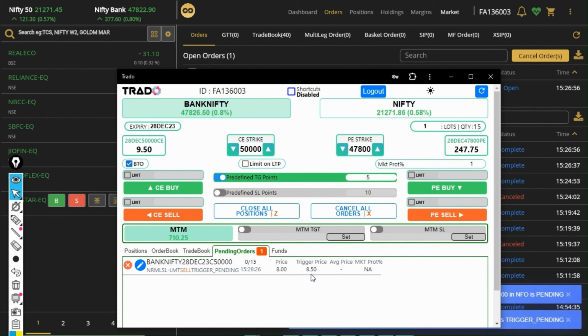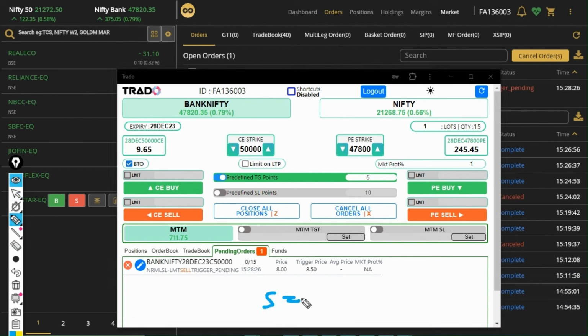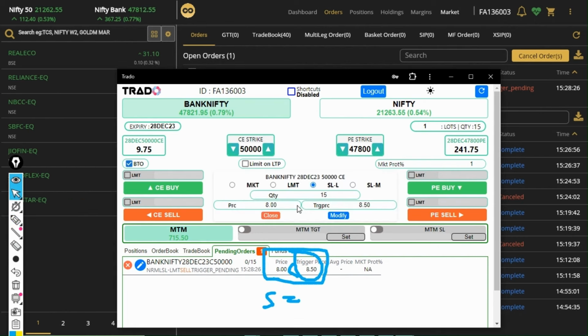Now my SL is at 8.5. And see, in the sell case, my trigger price must be greater than this price, only then this order gets modified. Otherwise, if I place 9 and modify it, see it will say trigger price greater than price.